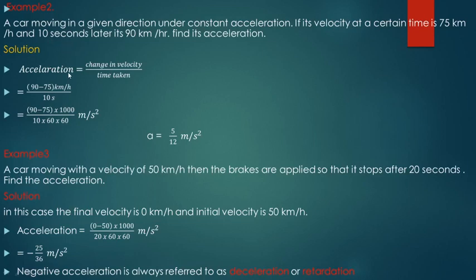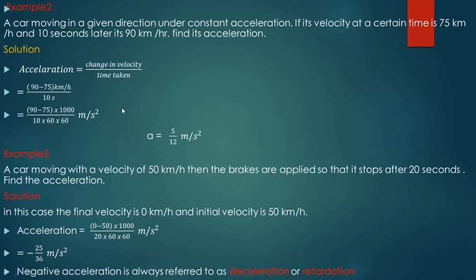So acceleration is equal to change in velocity over the time taken. So the change in velocity will be 90 minus the initial velocity, which is 75, divided by the time taken.